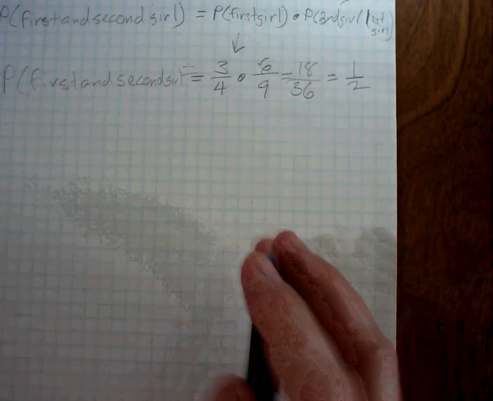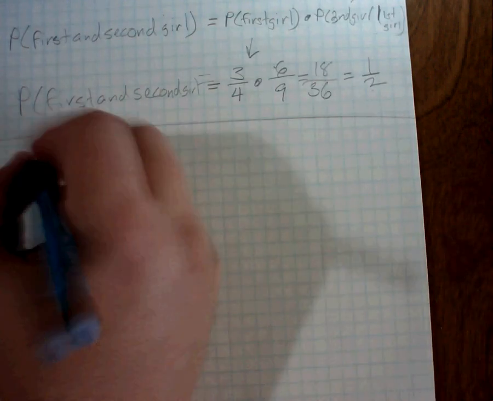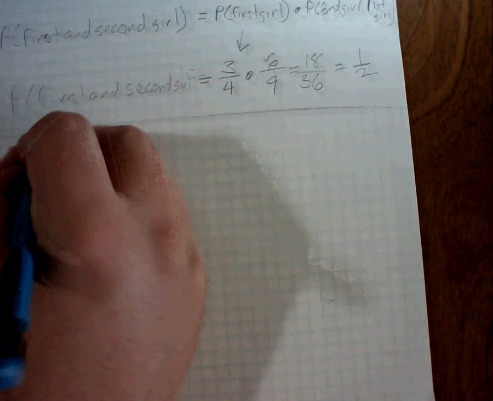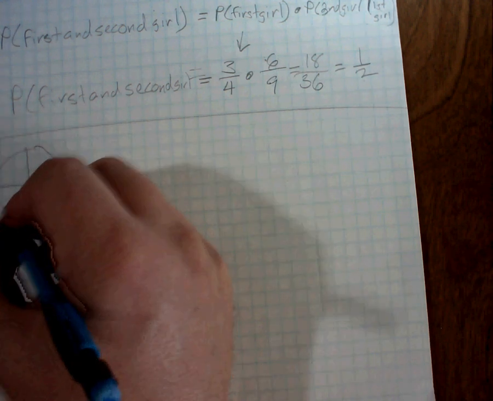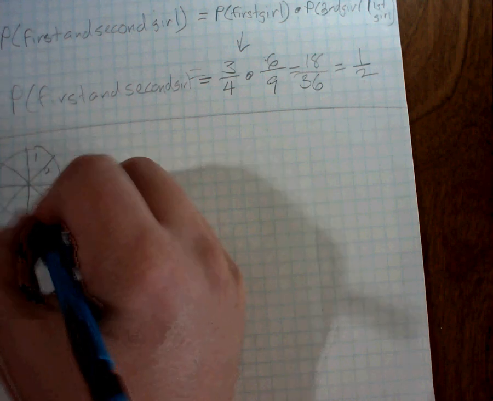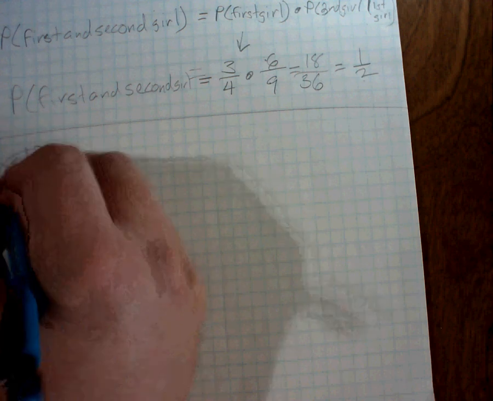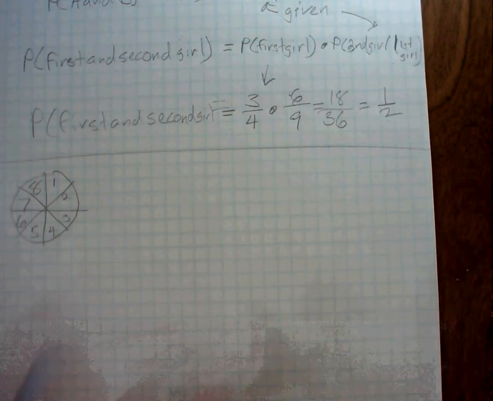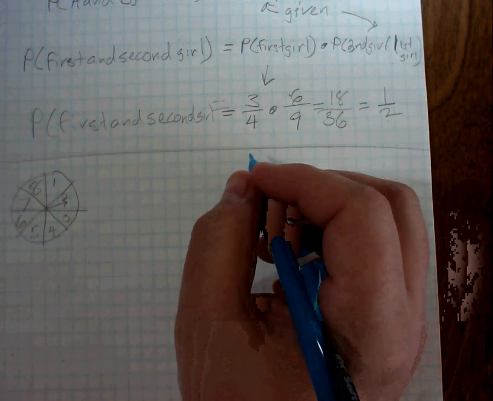Now, I did all that because in example number 3, we have a perfectly circular spinner that's divided into 1, 2, 3, 4, 5, 6, 7, 8 equal slices of the pie.